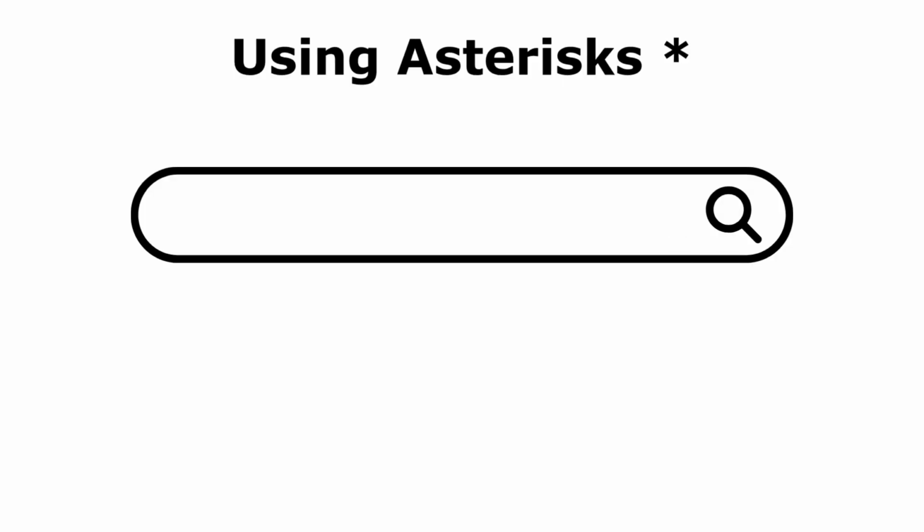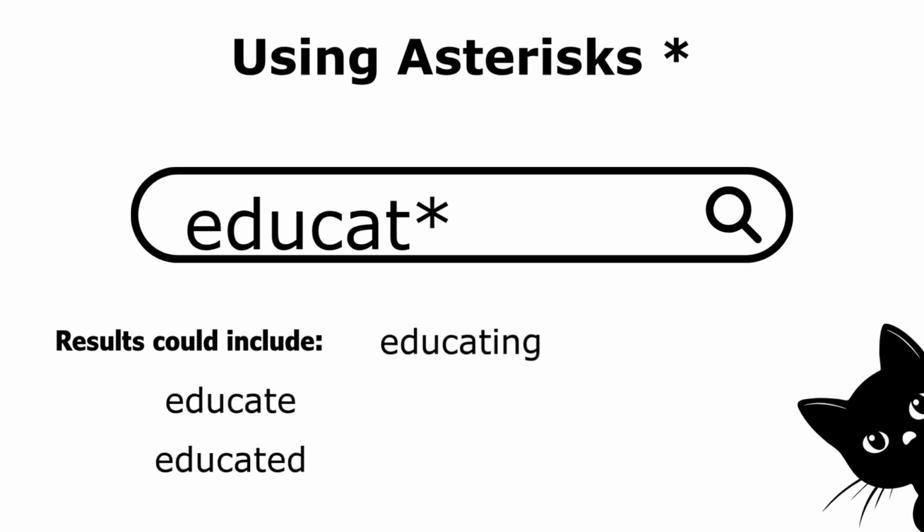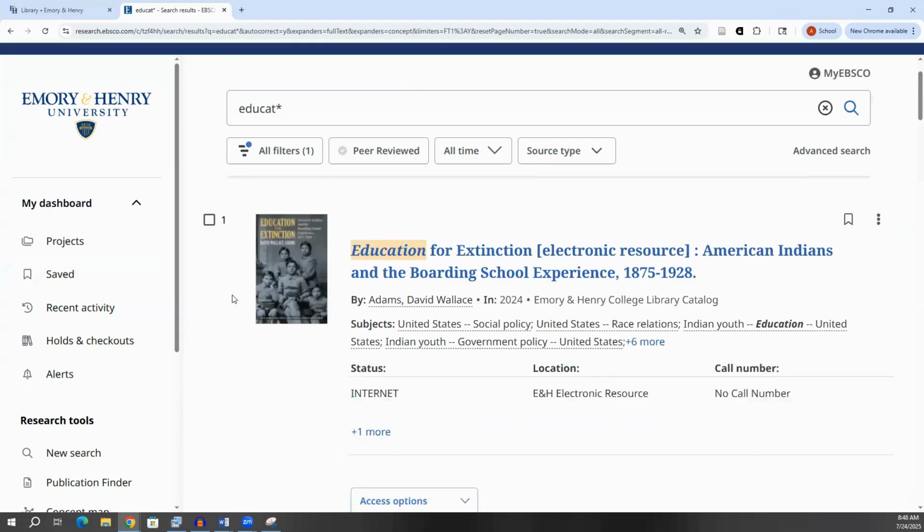And finally, our last modifier are the asterisks. And these are wildcards that allow you to perform truncated searches. And this is extremely useful when you want to search for multiple word variations at once. For example, if you searched educat, E-D-U-C-A-T with an asterisk at the end, your results might include educate, educated, educating, education, educational, educator, or educators.